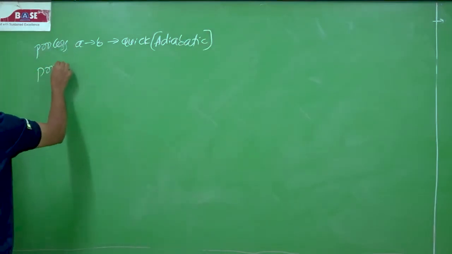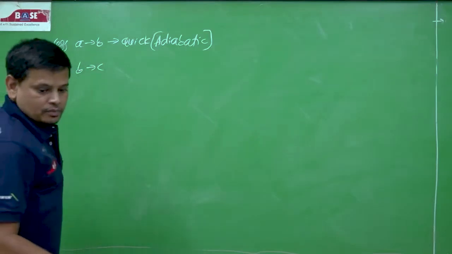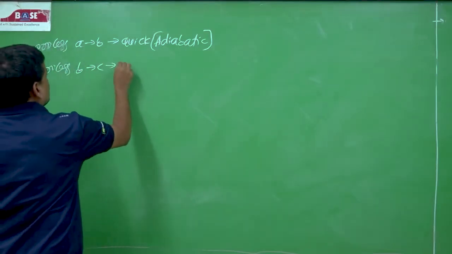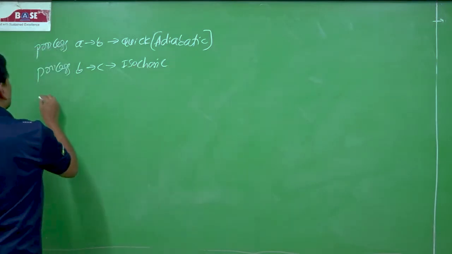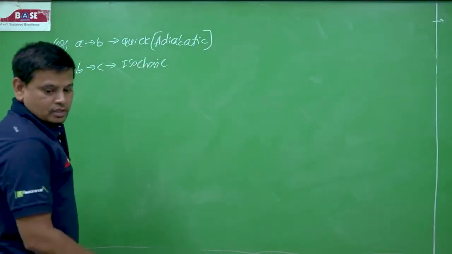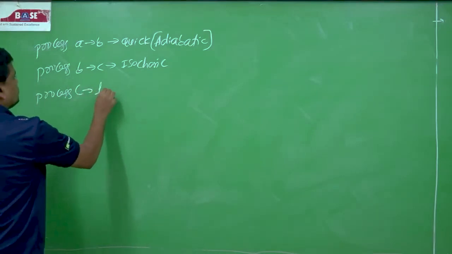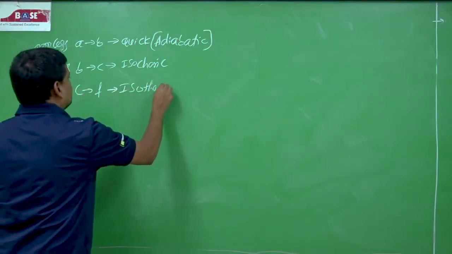Then process B to C must be an isochoric process, constant volume. Then process C to the final state is definitely an isothermal process.